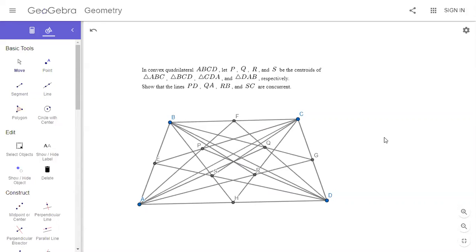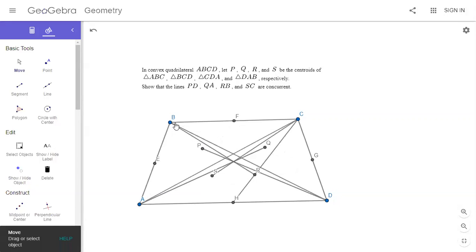I think we don't need to prove all the lines are concurrent, because if we prove that two or three lines are concurrent, then the other lines will also be concurrent. Yeah, we don't need to show all four. We could just show three, and then by the same argument, the others would be true. And again, the figure is quite symmetrical.